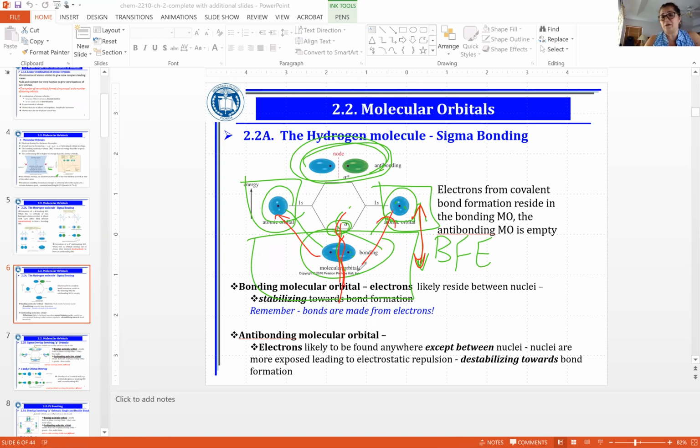So you have two pieces now that are going to be more unstable. They are going to have more energy, and when they have more energy, they are unstable. So it's an endothermic process. When a bond forms, energy is released. When a bond is broken, energy is absorbed.